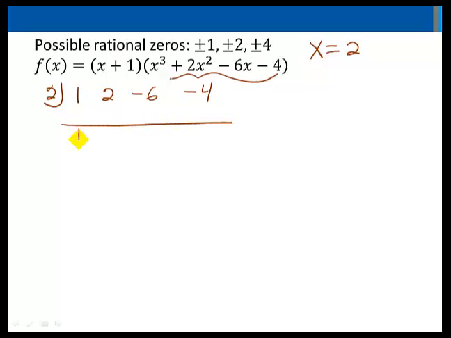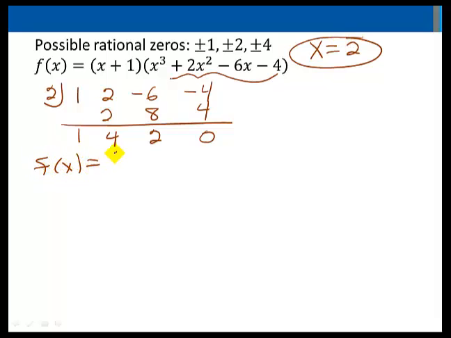Again, looking for a remainder of 0. We get a remainder of 0 this time, so x equals 2 is a real zero of f(x). And I now could factor f(x) further into (x + 1)(x - 2)(x^2 + 4x + 2).